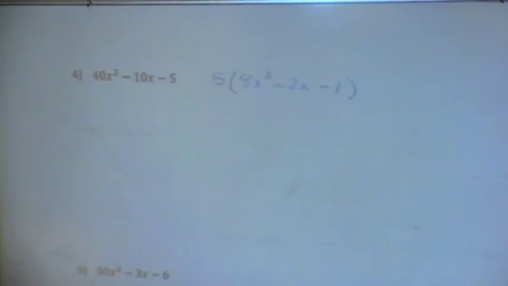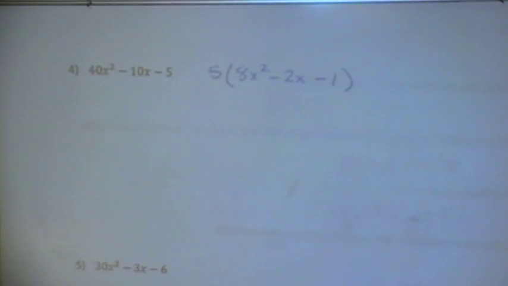But it does have a GCF. Your GCF this time is 5, so make sure you factor that 5 out first. And that's going to leave me 8x squared minus 2x minus 1.